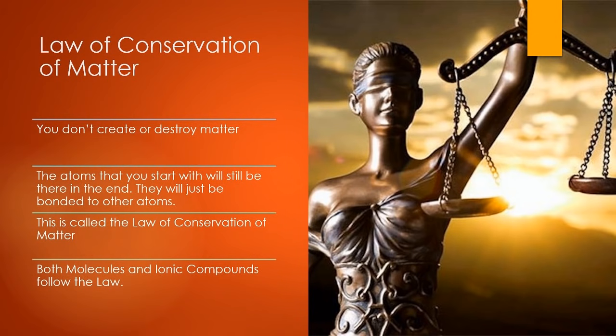This process follows a very important law, called the law of conservation of matter. You can't create or destroy matter. It doesn't happen that way. Matter is constant. If I do a chemical reaction and I take two different things and react them together to make something new, that process doesn't remove matter from the universe, nor does it create new matter.